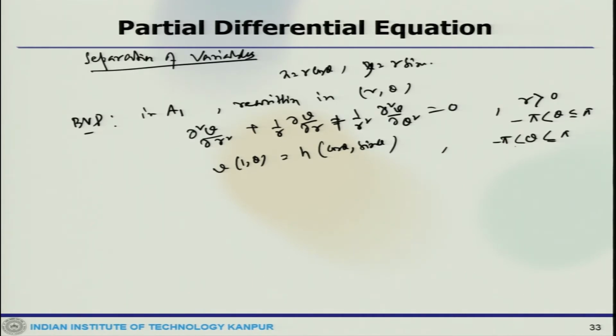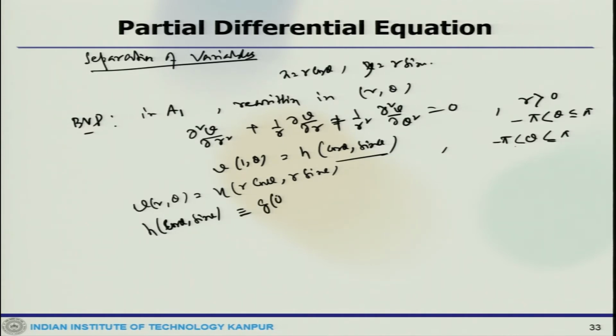So, where we have set v(r, theta) is u(r cos theta, r sin theta). Now, here this h(cos theta, sin theta) we will denote by g(theta), where g also belongs to R and is periodic with period 2 pi.